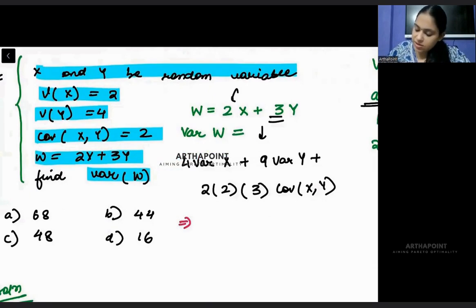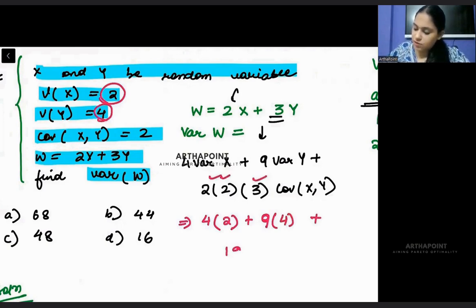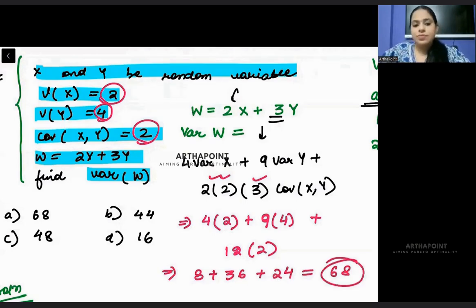If I plug this in, beta, 4 variance of X plus 9 variance of Y plus 2 into 2 into 3, 12 covariance of XY. This will be 8 plus 36 plus 24, 68. Right? So the correct answer to this question will be 68.